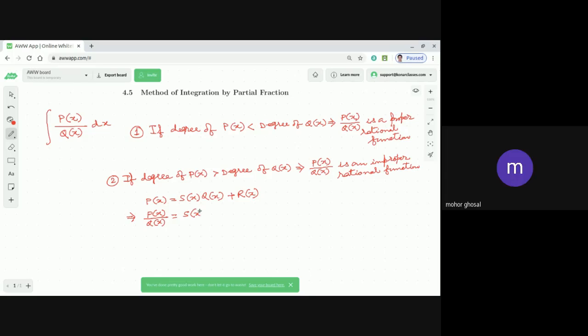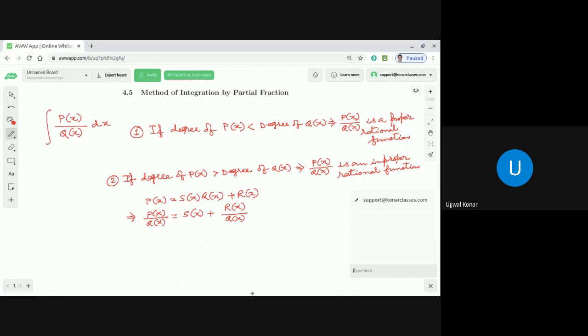So we can write p(x) by q(x) equal to s(x) plus r(x) by q(x). Clear or not clear? Now, obviously, the degree of the remainder polynomial must be less than that of q(x). The degree of r(x) is definitely less than the degree of q(x). Otherwise, the whole division doesn't make sense.